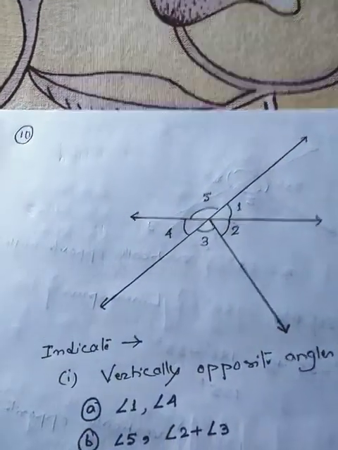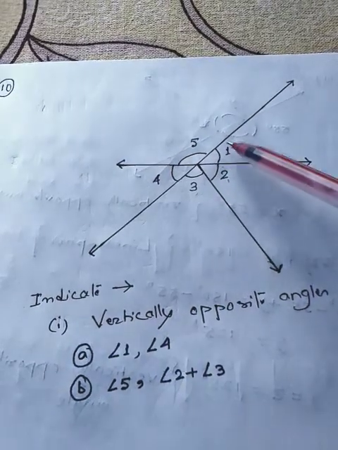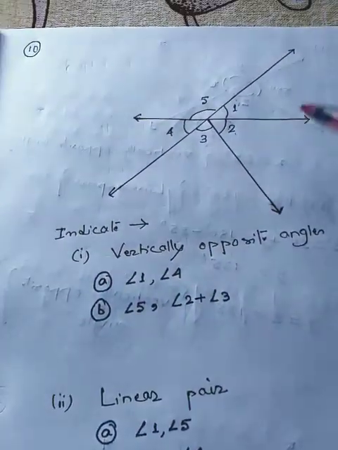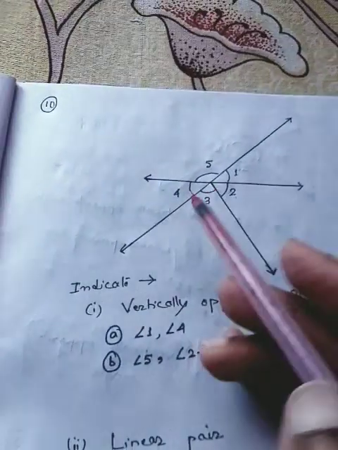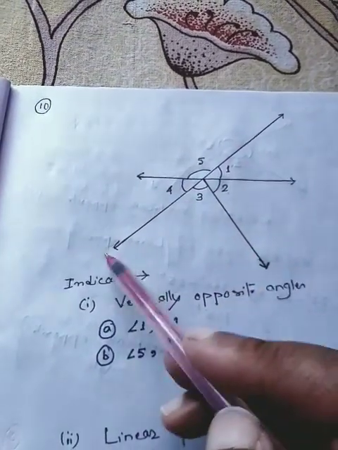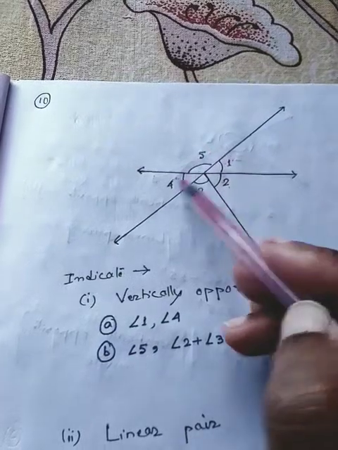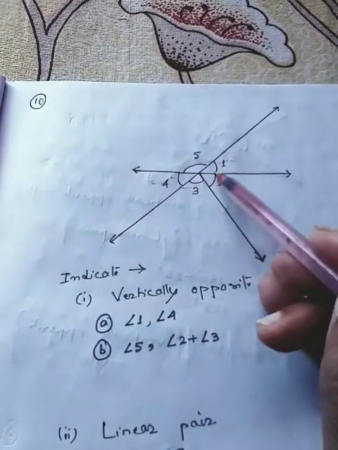Now in question number 10, again you will find another figure. Some angles have been specified, that is angle 1, 2, 3, 4, 5. Now you will have to show which angles are vertically opposite to each other. Again, these two lines are straight lines, isn't it? They're intersecting here. So these two angles are vertically opposite to each other, angle 1 and 4, and 5 and this whole part.